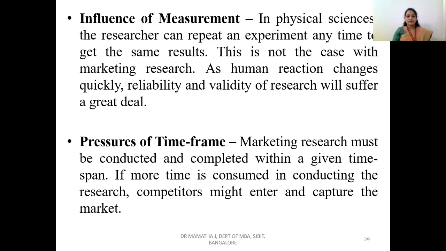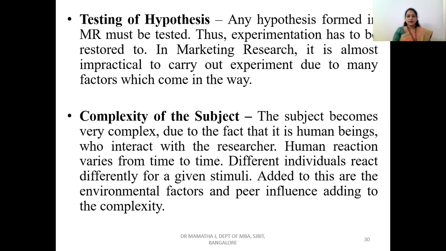Then there is the pressure of the time frame. Sometimes the investigator might have a time constraint. To complete within the time frame, they might resort to some other unethical means, which should not be done. And while testing hypotheses also, a proper statistical test has to be used, and whatever the results are, they have to be openly accepted.